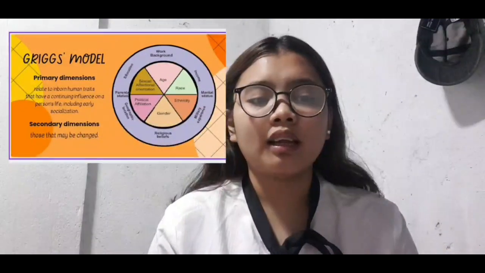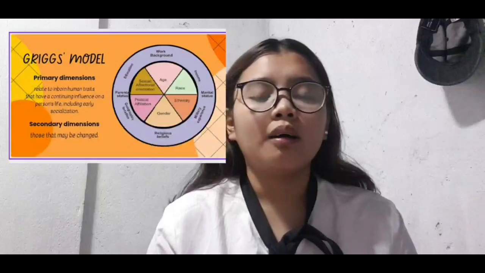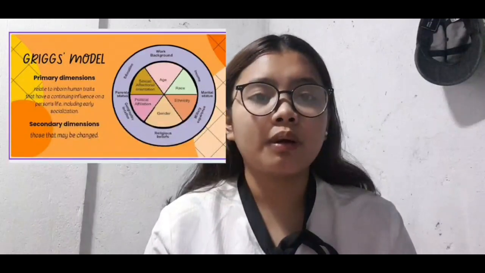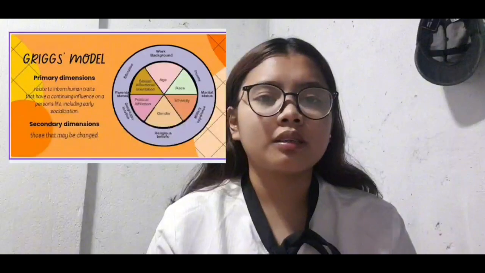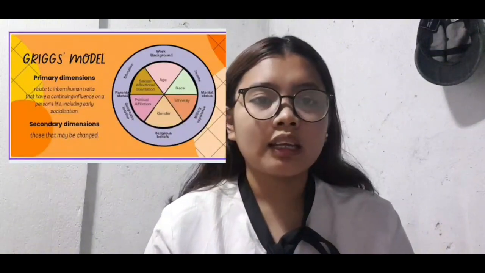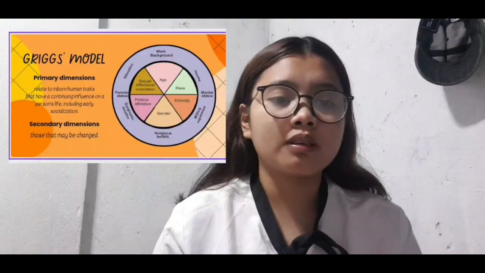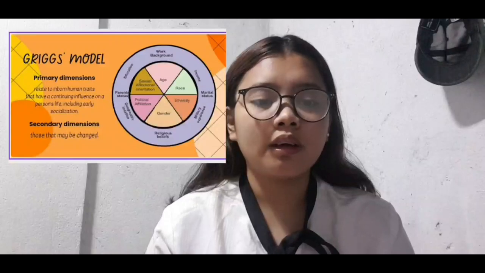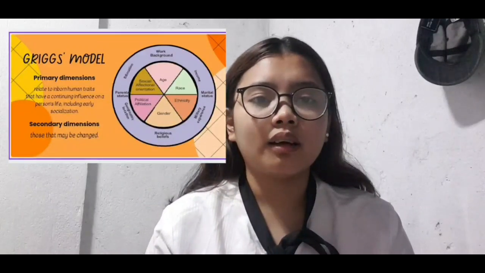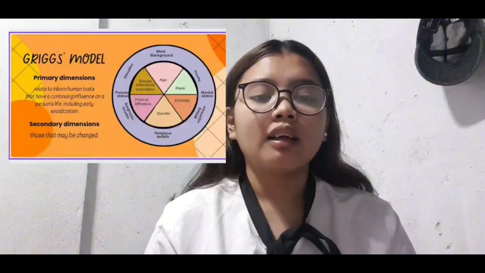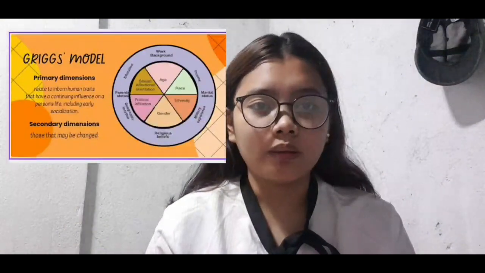Secondary dimensions, unlike primary dimensions, are traits that can change over time based on life experiences, choices, or circumstances. They help shape a person's interactions, values, and workplace identity, but generally, they are more flexible.